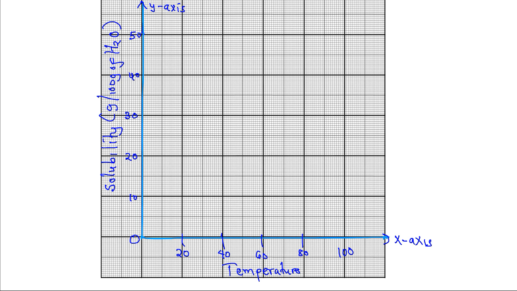The first plot is temperature of 88. This is 80. This is 90. So 88 is here. So 88 against 40.